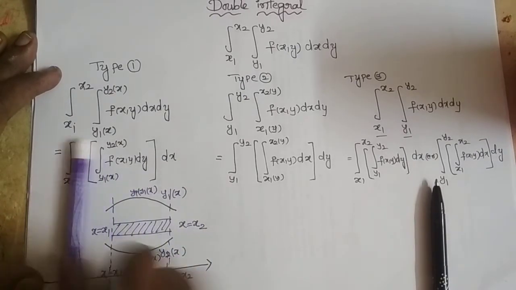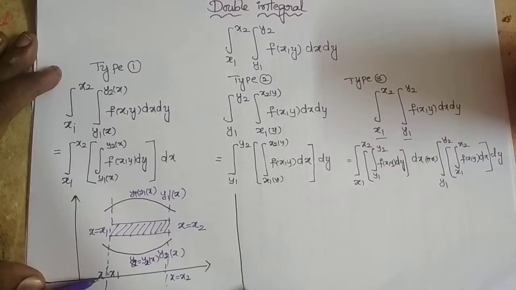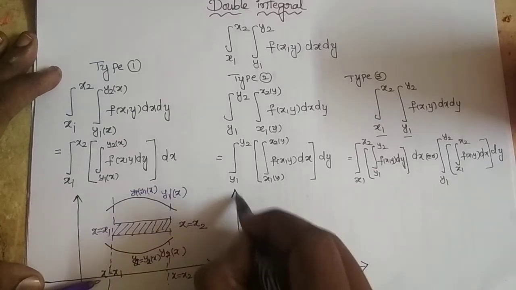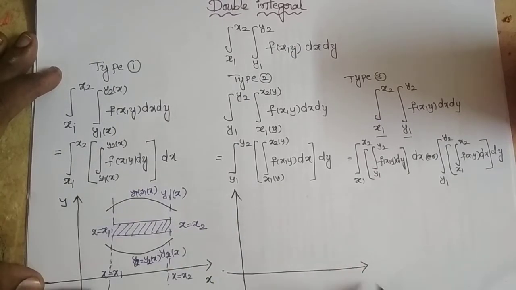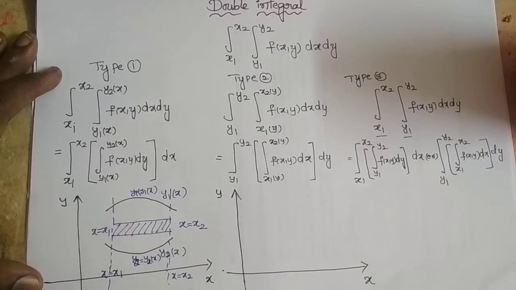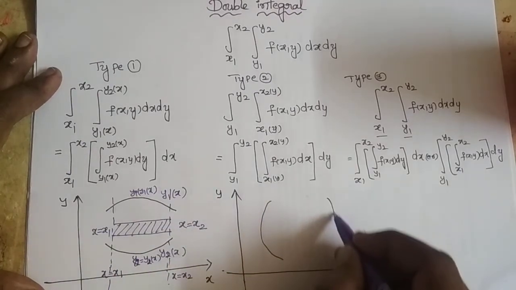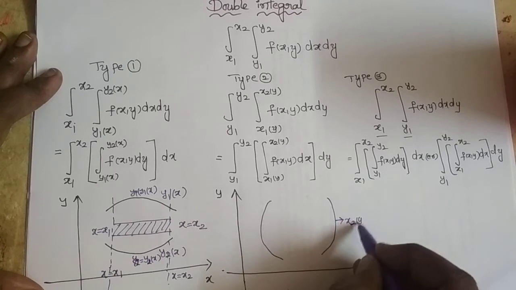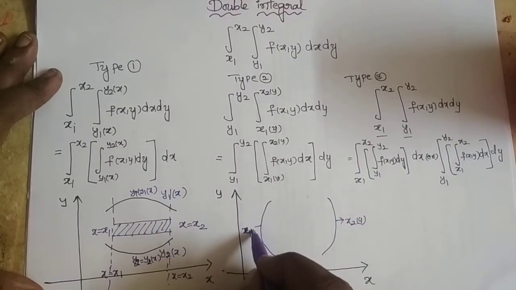Similarly, second case, number 2, again we consider the xy plane. I consider two curves here, like this is one curve, this is another curve, represented by x2 of y and x1 of y.